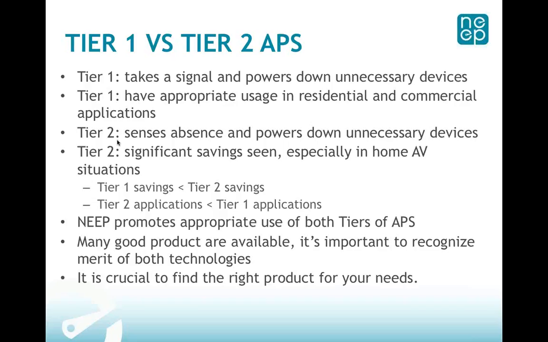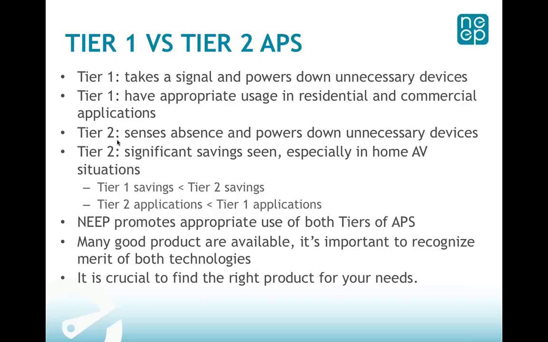Tier 2 products actually sense an absence in the room and power down unnecessary devices. So they don't actually get a signal; it's kind of a lack of signal that they get. If you fall asleep while watching TV and they ping you, for example, some products will flash a light because they haven't seen you touch the remote or change anything on the TV settings.